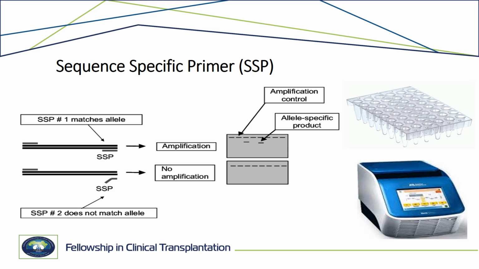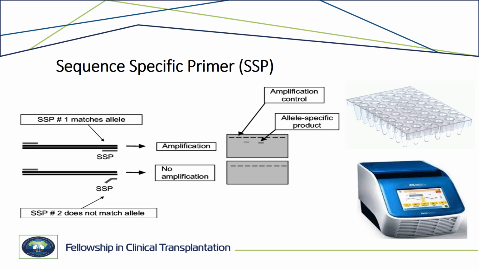And this gives you a high resolution typing, or a two-field resolution typing, because if you remember, low resolution typing is just one field. High resolution typing is two-field. So if you remember from our last slide, the Luminex was able to identify a low resolution typing, which I gave you an example of A02 and A03.